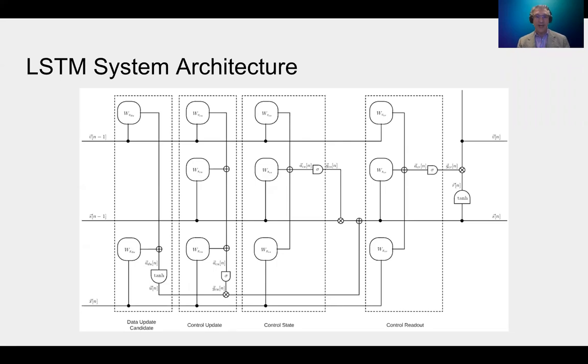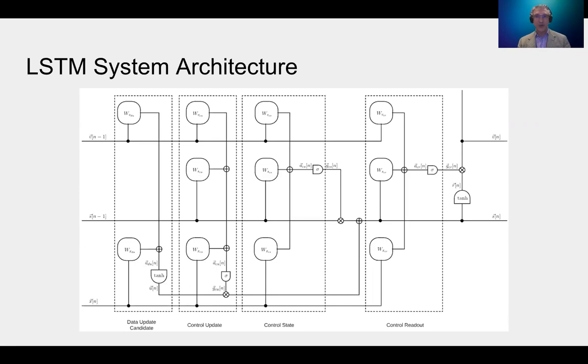The control update stage drives the control update gate, which will multiply the update signal for a contribution to the state signal at the current step. The control state stage drives the control state gate. It will multiply the state signal at the previous step as the other contribution to the state signal at the current step.